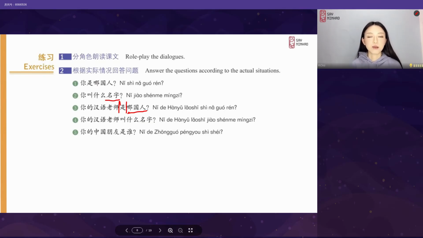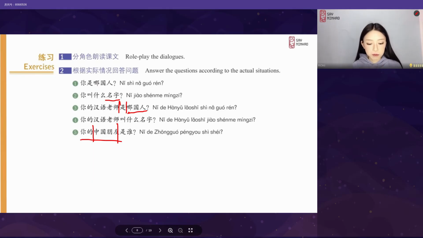This is an example for the answer. Okay, last question. 你的中国朋友是谁？It means, who is your Chinese friend? 你的中国朋友 means your Chinese friend. So, try to answer this question.